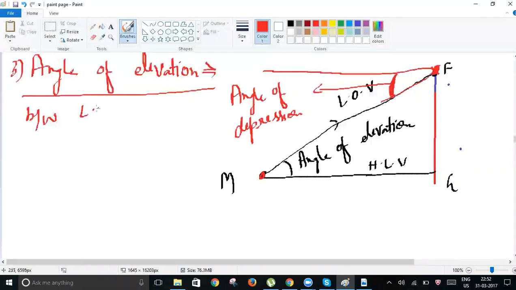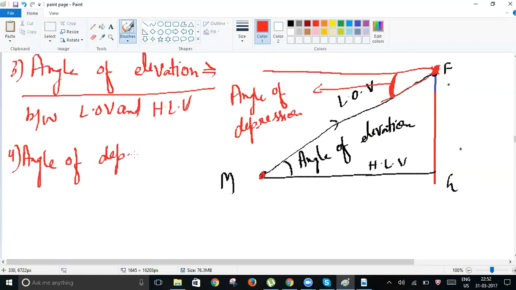You see, angle of elevation is formed between line of vision and horizontal line of vision. Angle of depression is also formed between line of vision and horizontal line of vision. Then why are we providing them with different names?